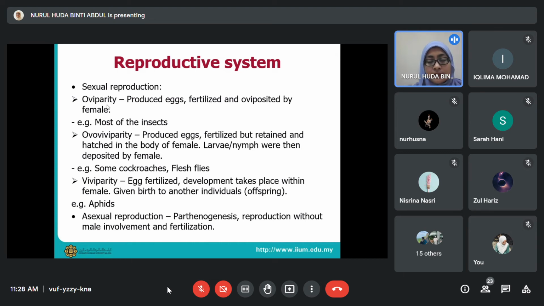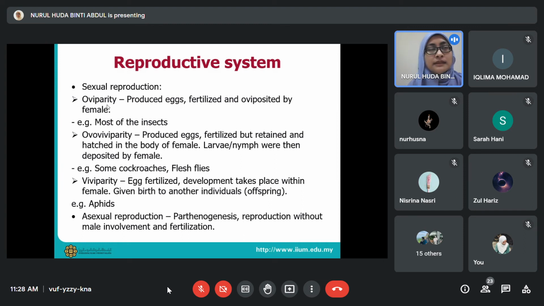So dia produce eggs inside the body, kan kita panggil ovum lah, eggs tu is ovum first, and then fertilize meaning that mix of male and female, sperm and ovum, mixed together, and then deposited as eggs, sebagai telur serangga. Dia dah fertilize dah, tapi telur tu deposited as eggs, dah still bentuk telur of female. So tu yang kita panggil oviparity.